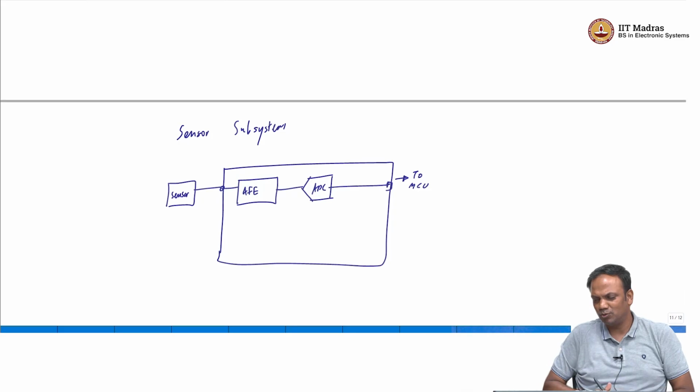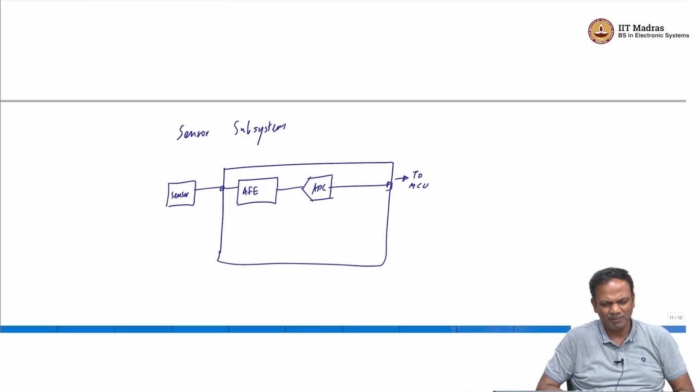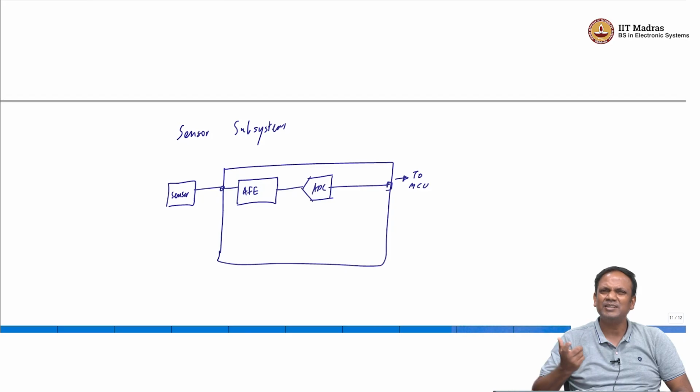So, what we are going to do next is, maybe with this background, go back to our block diagram and think about, now as an embedded system designer or embedded system engineer, what is my role, what am I expected to do, right. Let us try to wrap our heads around that based on all of the work we have done up to this point.